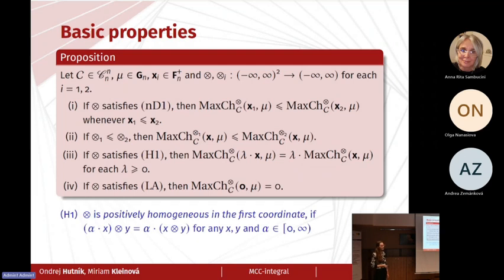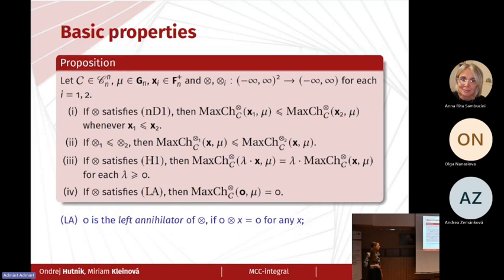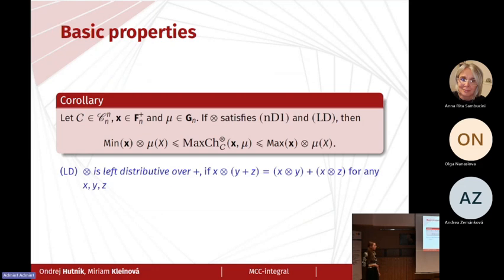We can say that the maximal chain-based Choquet-like integral is also homogeneous if the operation is positively homogeneous in the first coordinate. And lastly, the value of the MCC integral for the zero vector is 0 if the operation ⊗ has 0 as a left annihilator. We can also find the lower and upper bound of the MCC integral if ⊗ is left distributive over plus and if ⊗ is monotone in the first coordinate.